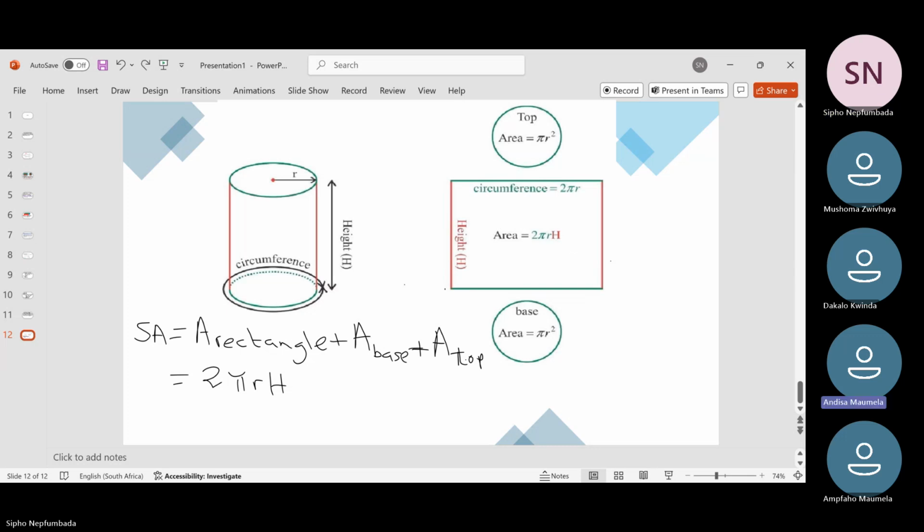Plus area of a base is what? Pi r squared. Are we still together? Plus area of a top is what?